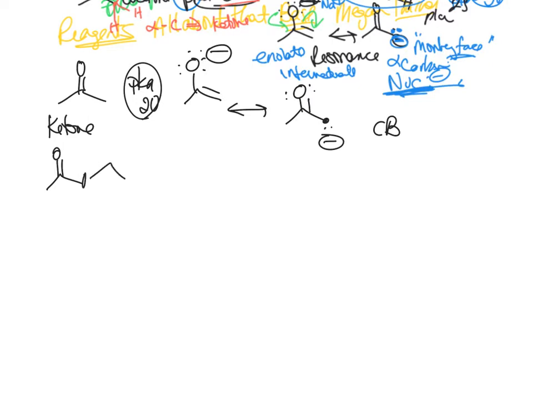This is an ester. Where's your alpha carbon? That's what you're looking for. This is the oxygen. That is not an alpha carbon. Your alpha carbon is right here. So there's 3 hydrogens there. So what does that conjugate base look like? Monkey face.